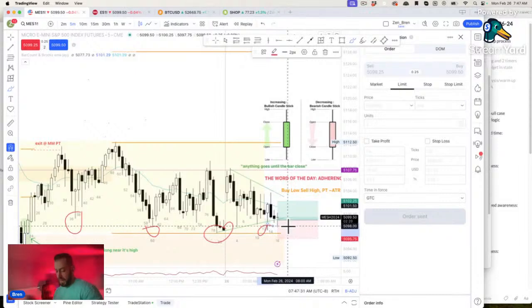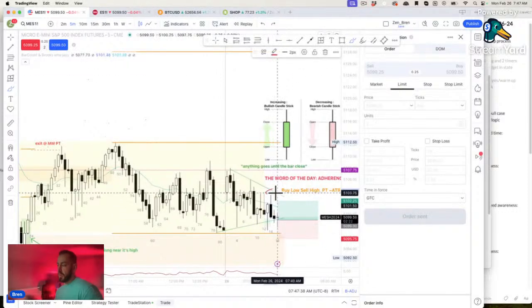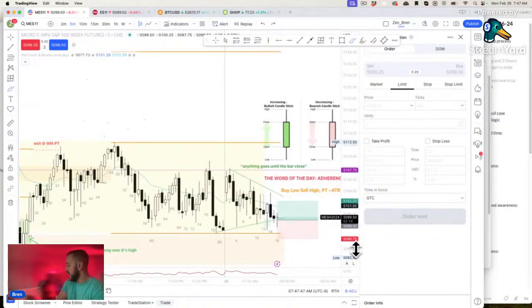Now they're trying again. Will they fail? Possibly. And the same with the bulls: they tried and failed here, here, and here. Someone's going to eventually succeed, and the other side will get trapped. And when that happens, you get a trend, you get a move, you get what I'm looking for.